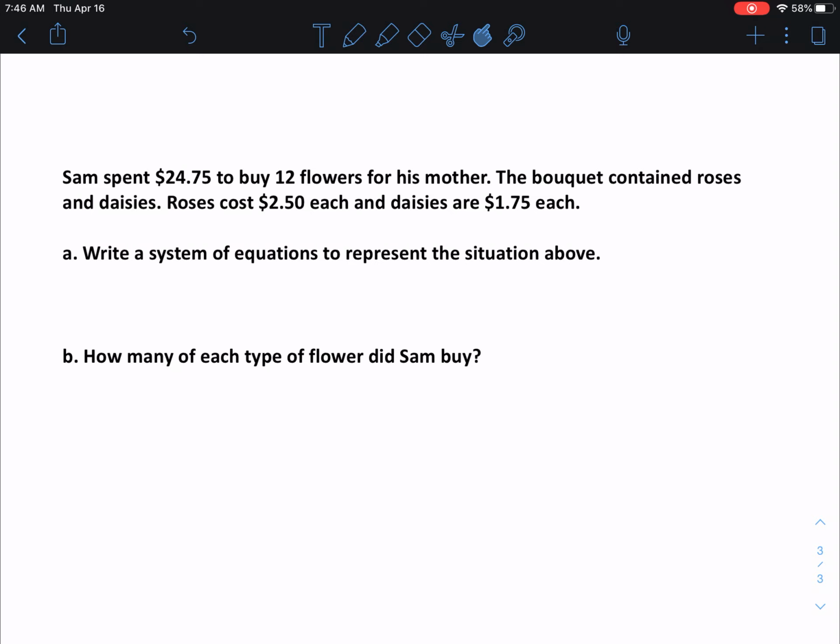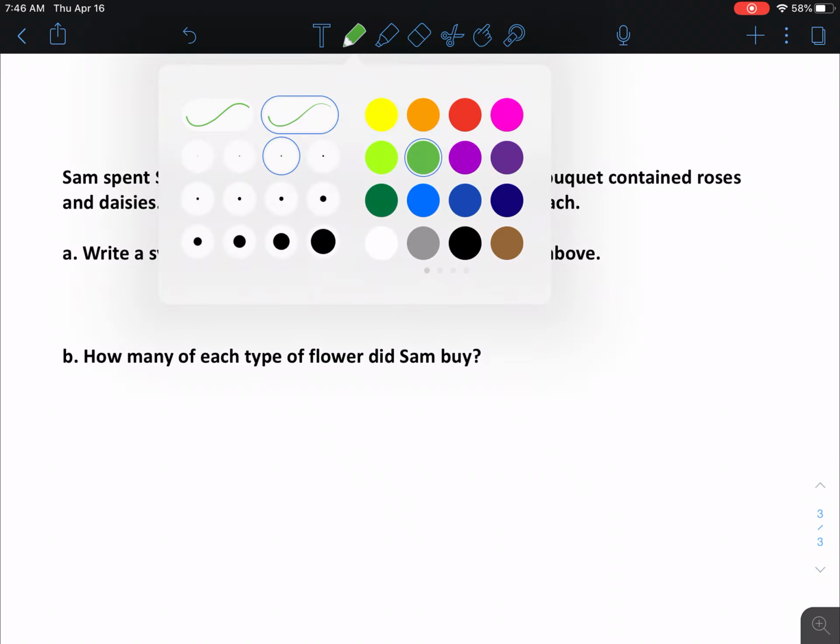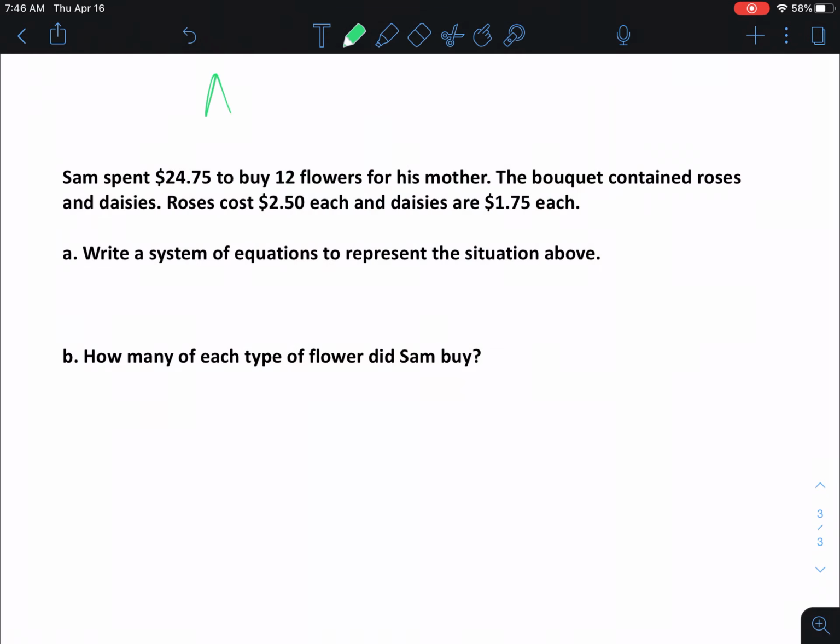Okay, so if you remember back to our linear function days, when you see two distinct items, that should be an indication that we are using standard form. The two items that we have here, I'm going to write off to the side.